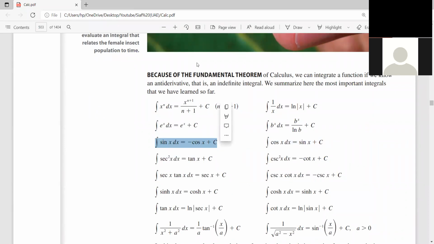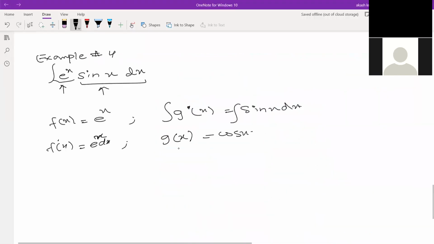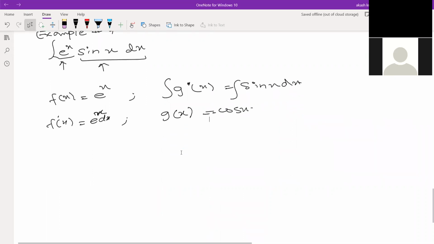Fine. Now we just have to put it into the formula for the integral of e^x sin x dx.